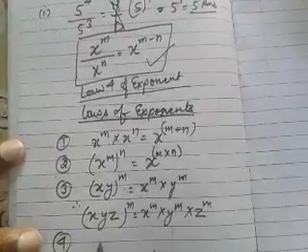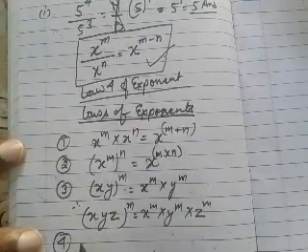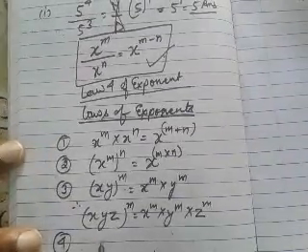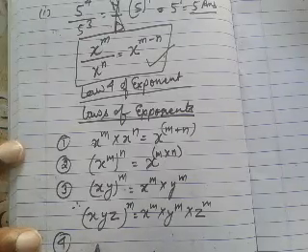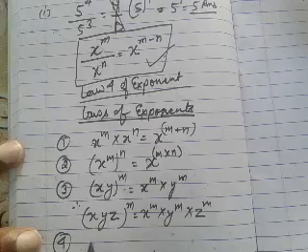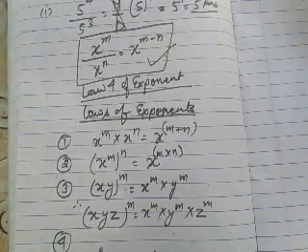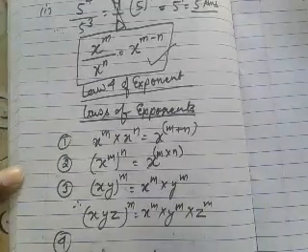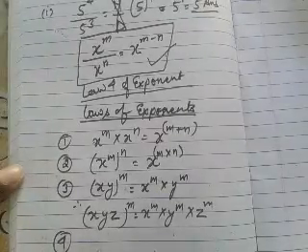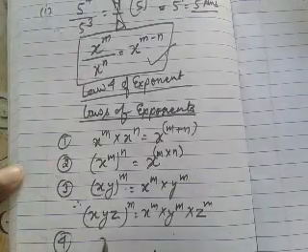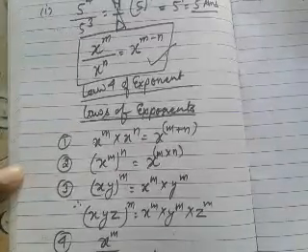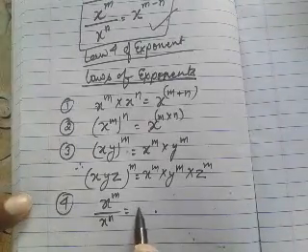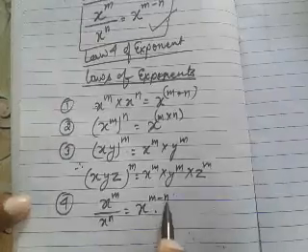Next one is, if a rational number is written in the form of numerator and denominator, x raised to the power m and x raised to the power n, then it can be written as x raised to the power m minus n.